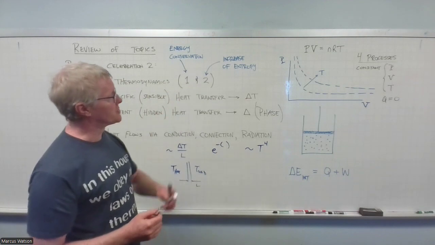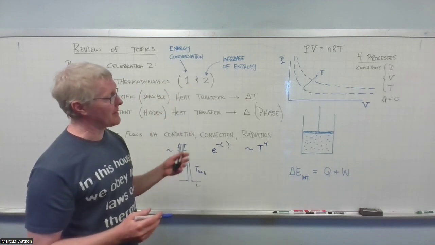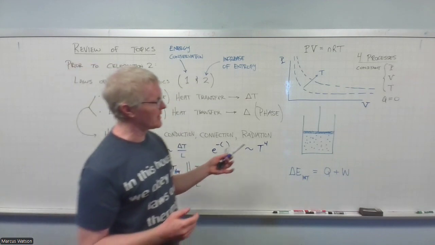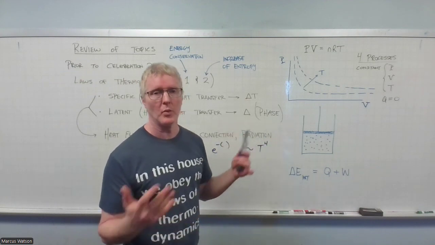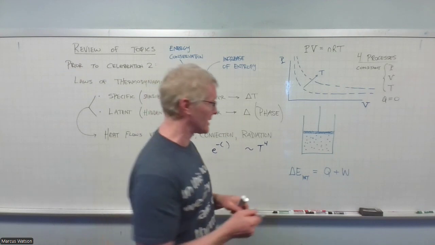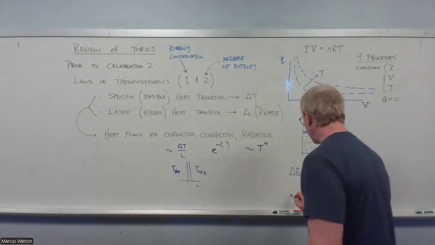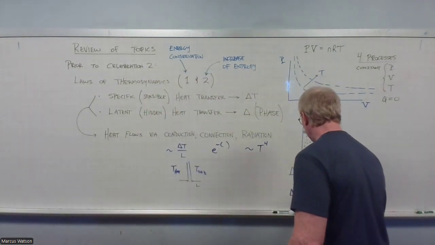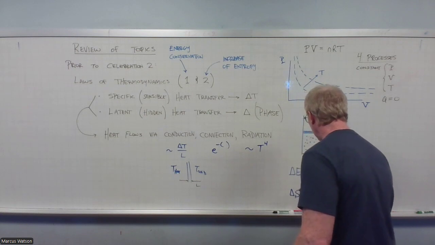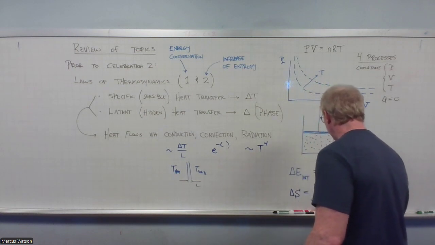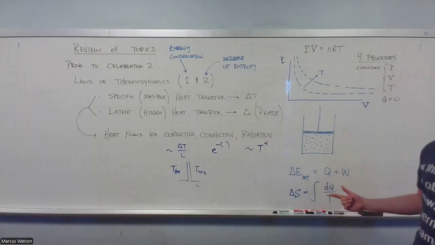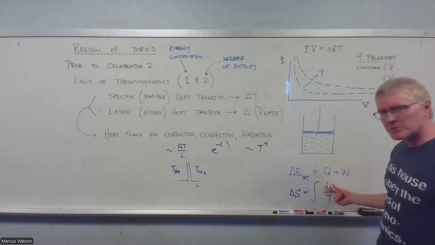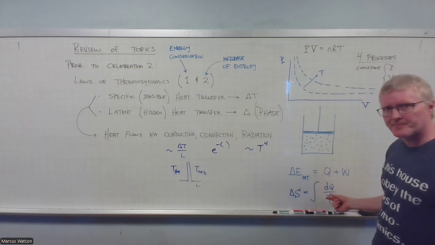The second law was also the increase in entropy law, and that came in by looking at, okay, if I take the ideal gas through different situations, what is the change in the entropy looking like? And the change in the entropy can then be calculated as adding up all the little bits of heat that get transferred at a particular temperature.